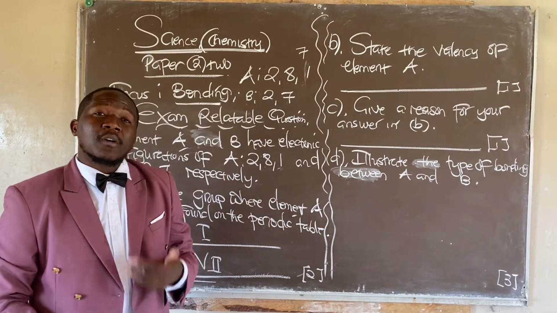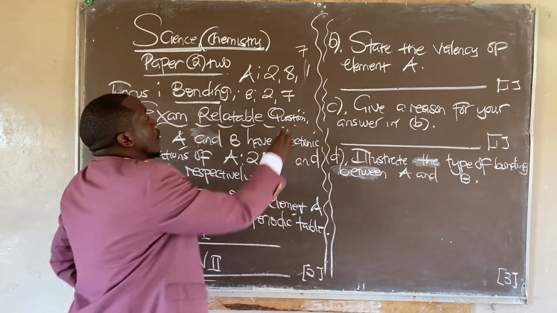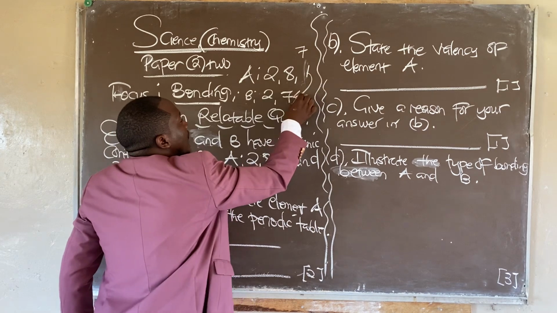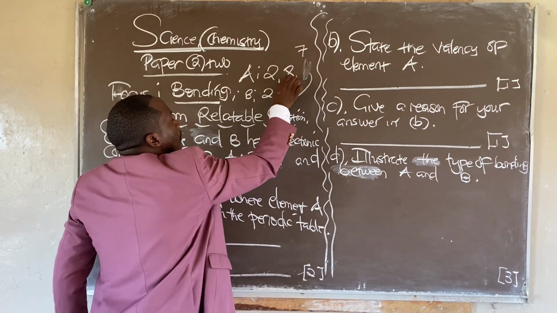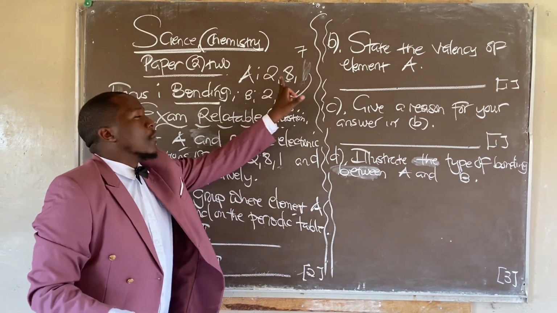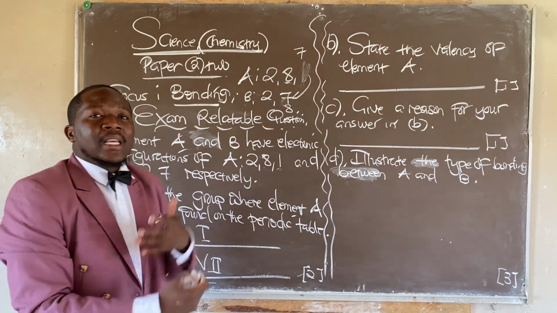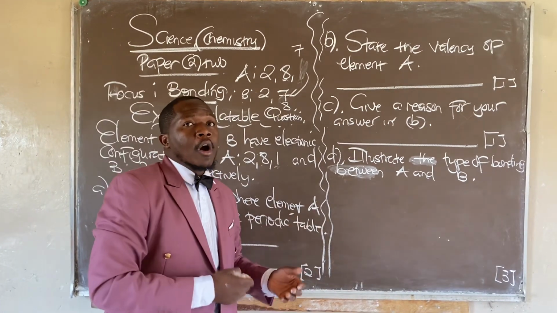So the purpose of bonding is to attain a stable structure. If this one is gained by this one, it will remain stable with 8, while this one will also become 8, which will be 2, 8, and 2, 8, and thereby the compound that can be formed, AB, is now going to be a stable compound.